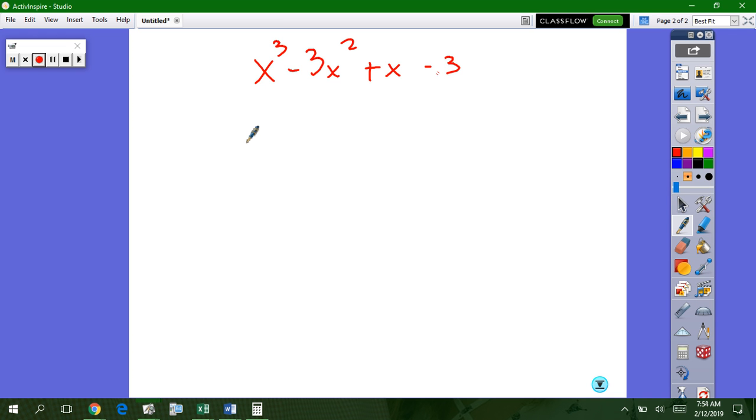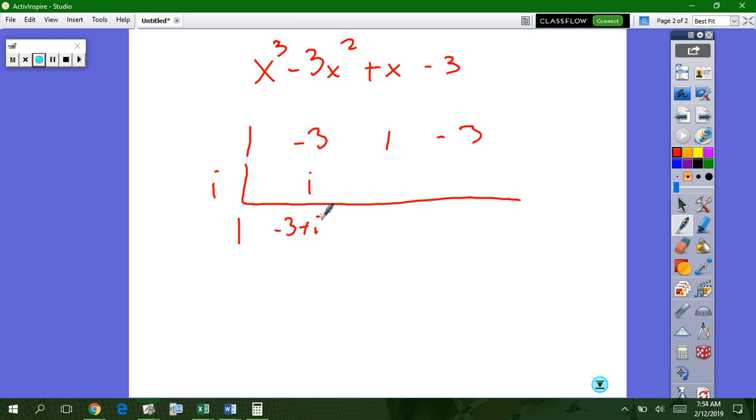Okay, here we go. So this is 1, negative 3, 1, negative 3. One of our zeros was i, correct? So let's check it. 1. What do we do here? We multiply. What's 1 times i? i. Then what do we do here? Add them.